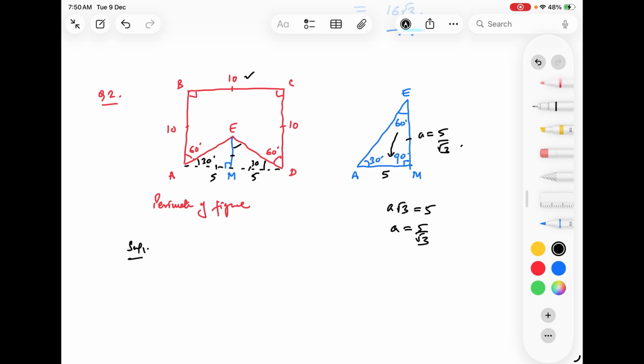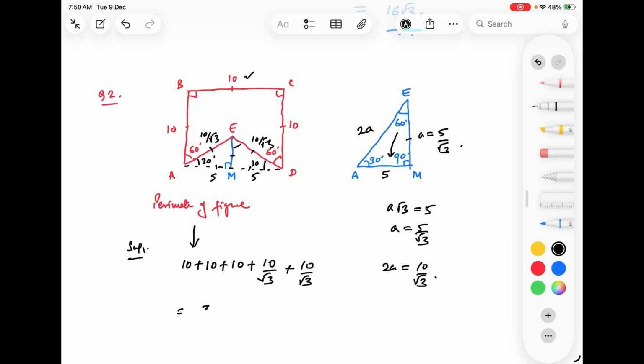And this side AE is 2a. What is 2a? 2a becomes 10 by root 3. It means this side is 10 by root 3. Similarly, this side is 10 by root 3. So the perimeter of the figure becomes AB, which is 10, plus BC, which is 10, plus CD, which is 10, plus DE, which is 10 by root 3, and again AE, which is 10 by root 3.